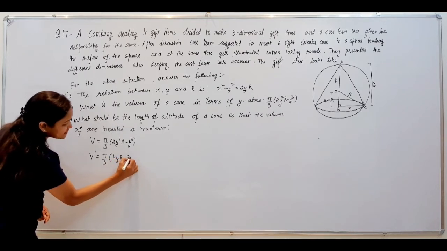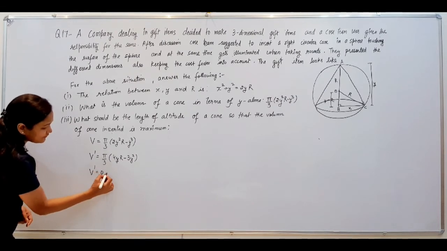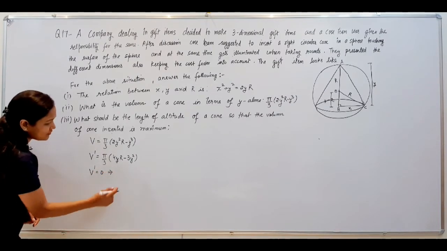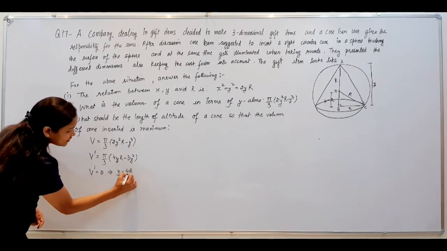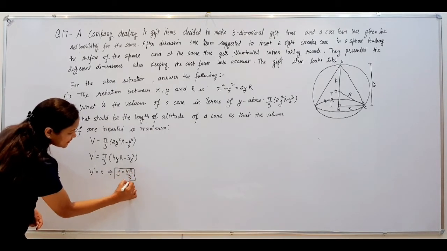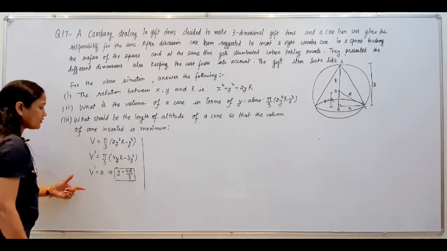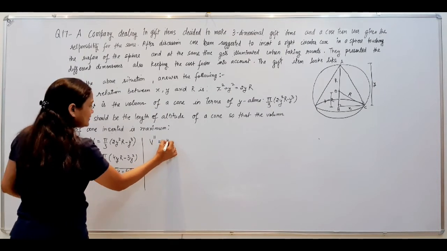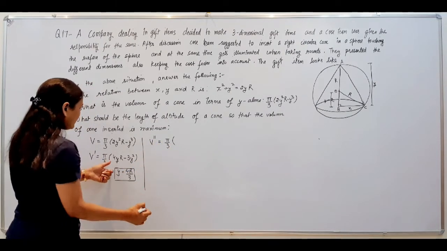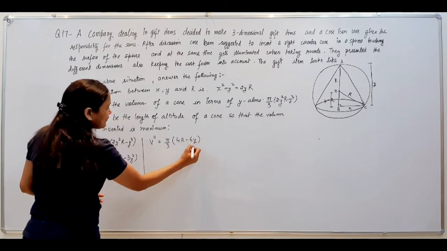That will be equal to 4yr minus 3y square. And for the stationary points you will put the first derivative equal to 0, then you will get y is equal to 4r upon 3 as one of the stationary points. Now at this stationary point you are going to check your second derivative. Let us find the second derivative of volume, that is 4r minus 6y.